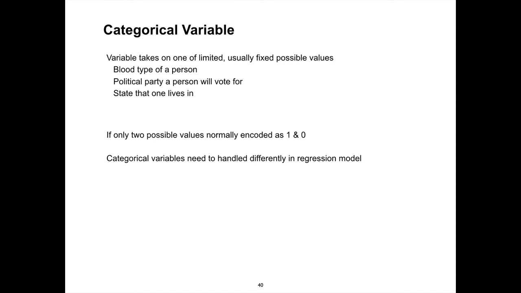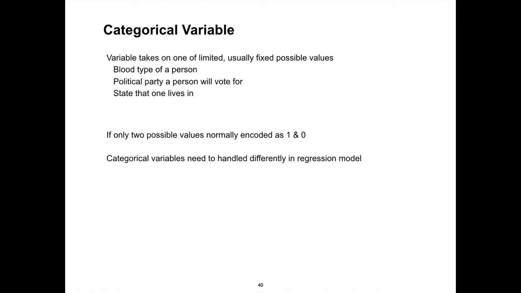Examples are blood type, which we may want to correlate with something, and there's only a fixed number of blood types. The political party you're going to vote for, in this country, there's a fixed number. The state you live in, we only have 50 states.